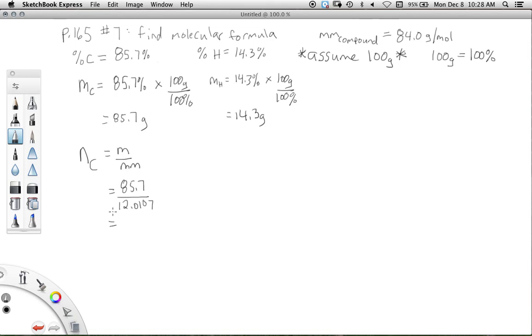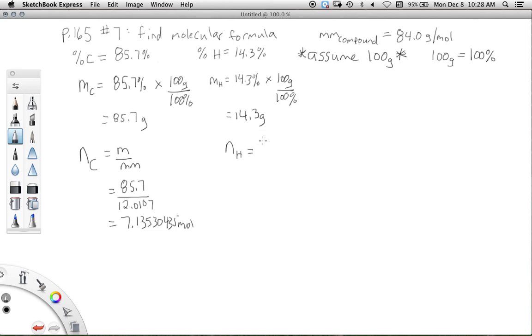While I'm doing that, I'm assuming it's going to be somewhere around 7 or 8. 85.7 divided by 12.0107. I get 7.13. So that's got to be right. 7.13530435. Remember, don't round until we get to the end.